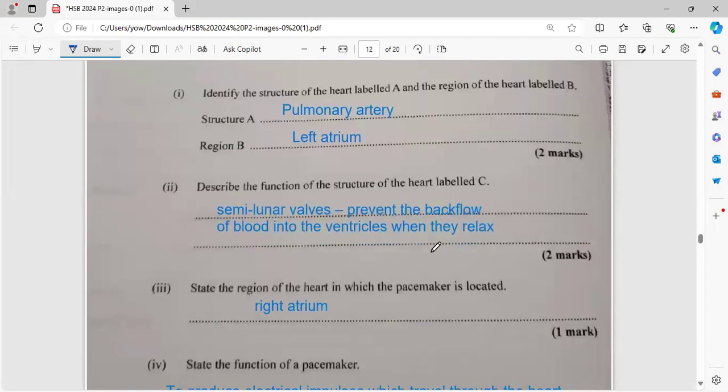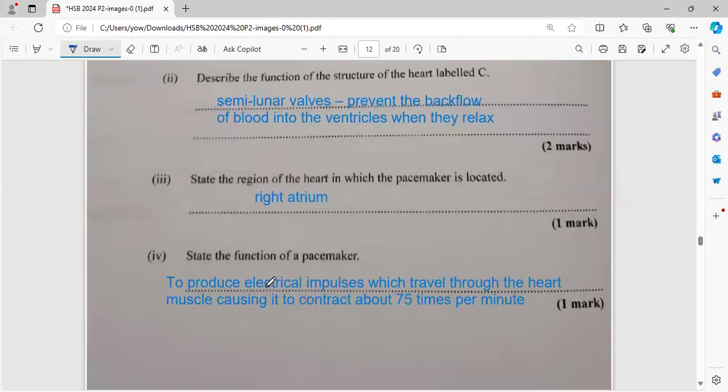State the region of the heart in which the pacemaker is located. Again, guys, it's in your right atrium. So the pacemaker is in your right atrium. What's the function of the pacemaker? It is basically to generate electrical impulses to travel through your heart, causing it to contract.